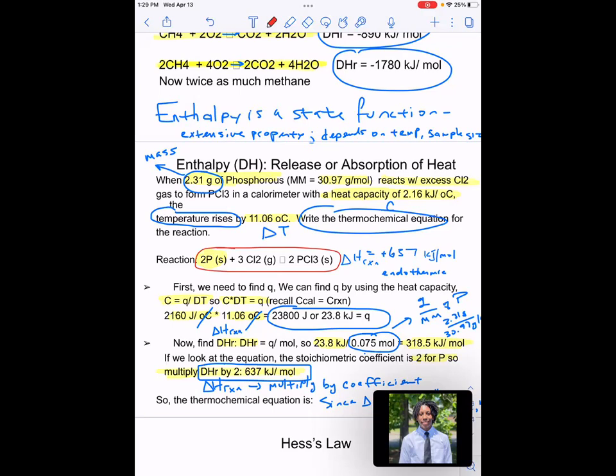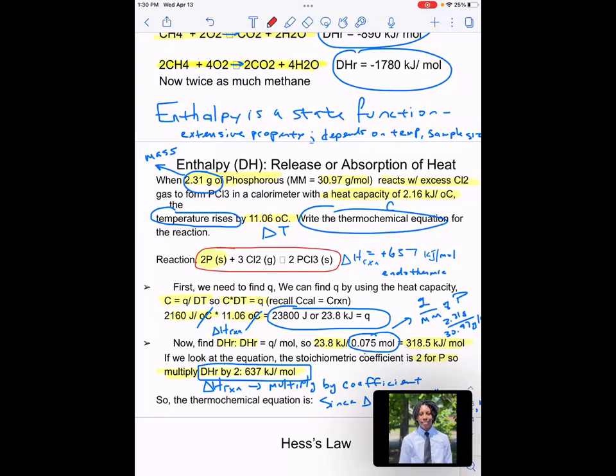And so we're going to base our heat of reaction, or the delta H for the reaction, on phosphorus. All right, it says it reacts with excess Cl2. If you think about it, with the delta H being a state function, if we based it on chlorine and not phosphorus, we're going to get a different number, a higher number, because it's based on the amount.